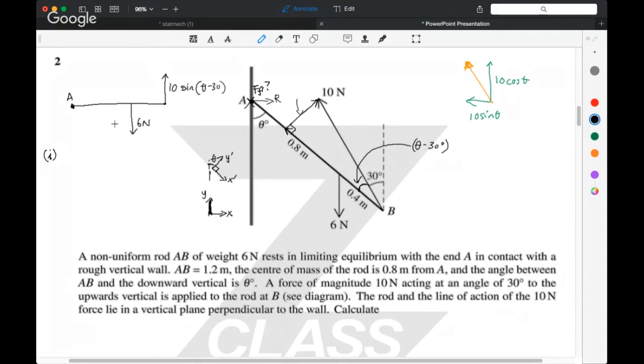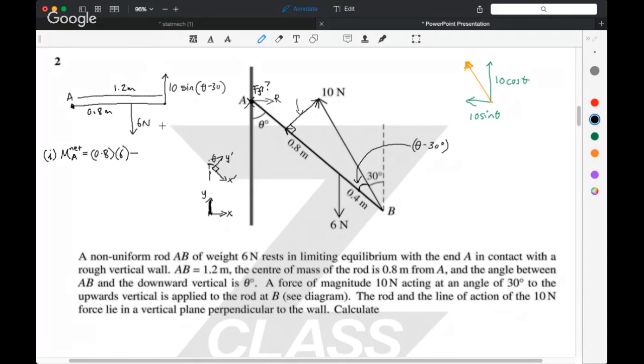So what's the distance from A to the 6 N force? Well, that's 0.8 meters. And the whole distance, to the end, is 1.2 meters. So the net moment around A is going to be equal to 0.8 times 6, minus, because they're acting in opposite directions.